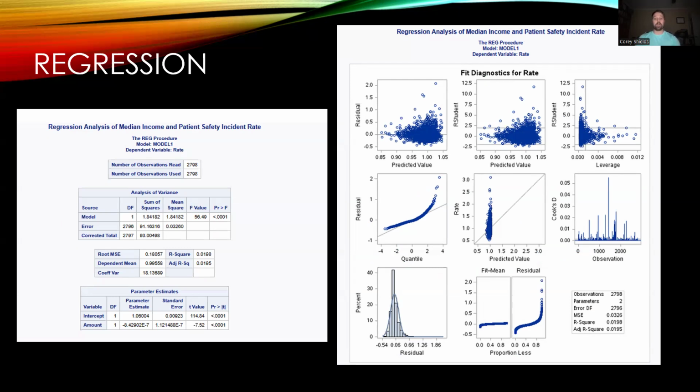However, the R-squared value was rather low, so the low explanatory power limits practical use as a standalone predictor, with median income explaining less than 2% of the variation in PSI 90 scores. So with this, higher income communities are less likely to experience adverse patient safety events. Despite significance, income alone is not sufficient to explain the differences in safety outcomes.